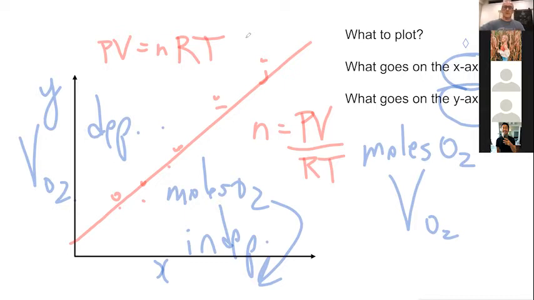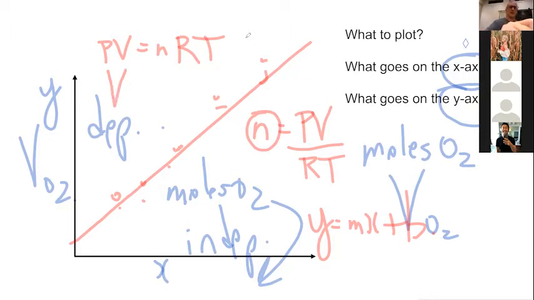So remember, a line is y equals mx plus b. So in this instance, y is n. And then V, I'm sorry, it's the other way around. V will be equal to nRT divided by P. Sorry about that.